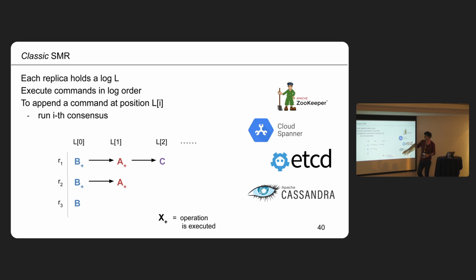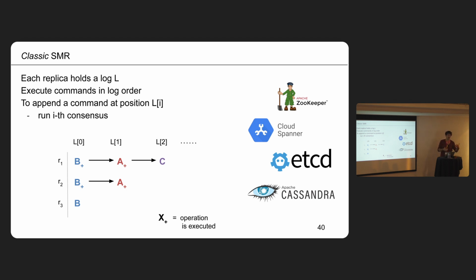Here I mark with a little plus when the operation is executed, and you can see that replica 1 has executed B, then A, and C is pending. It has to be executed, whereas the others also advance in this sequence, but at a slower pace.